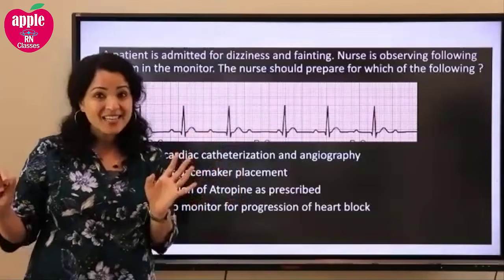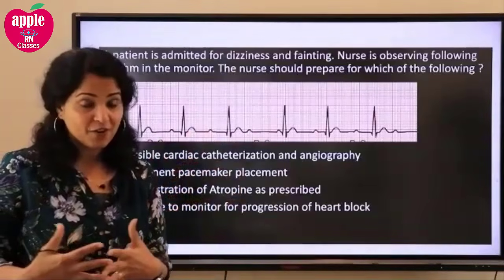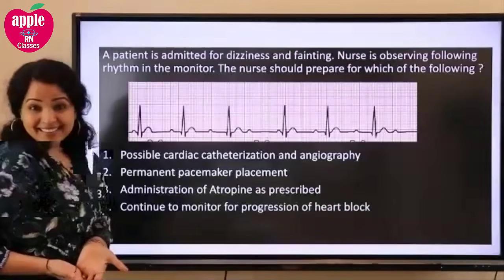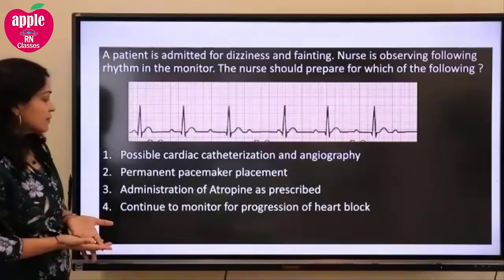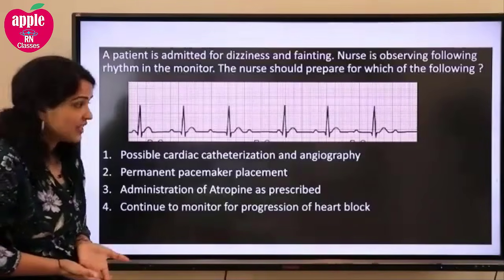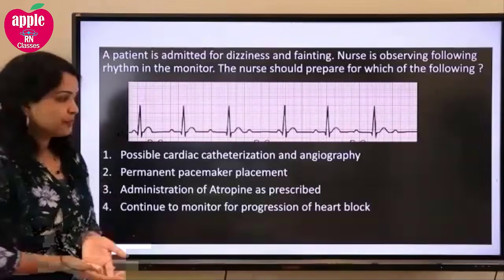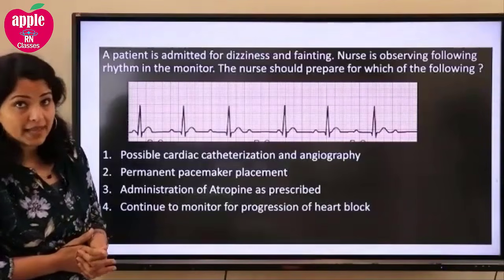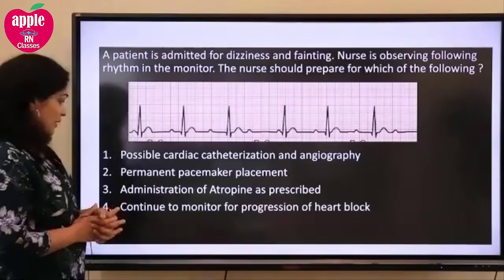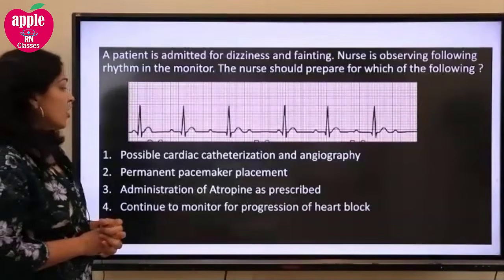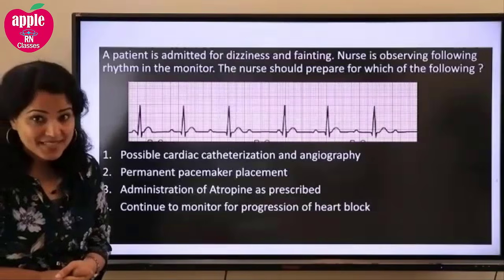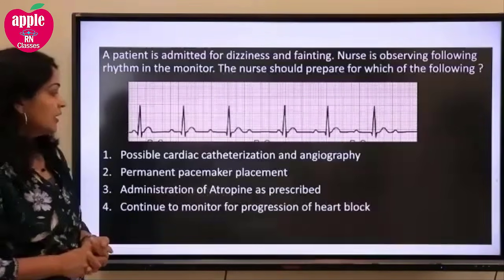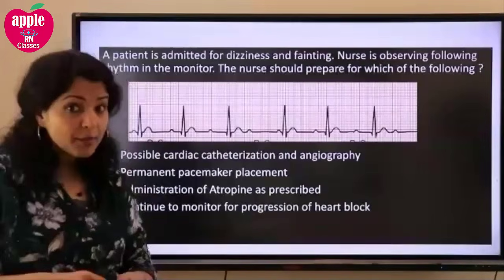What is something we should be getting ready for? Number 1, possible cardiac catheterization and angiography. Number 2, permanent pacemaker placement. Number 3, administration of atropine as prescribed. Number 4, continue to monitor for the progression of heart block.